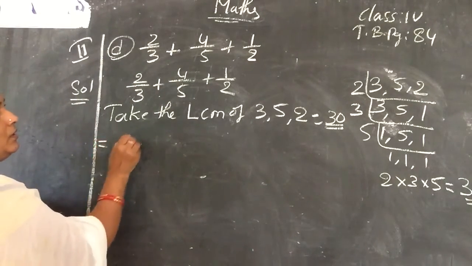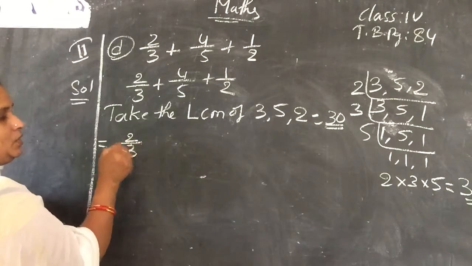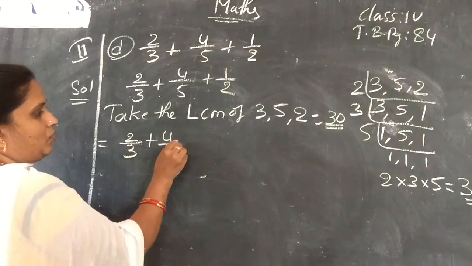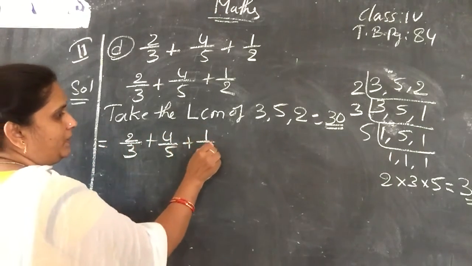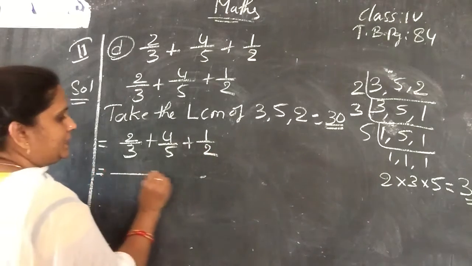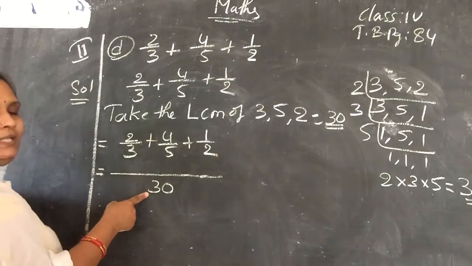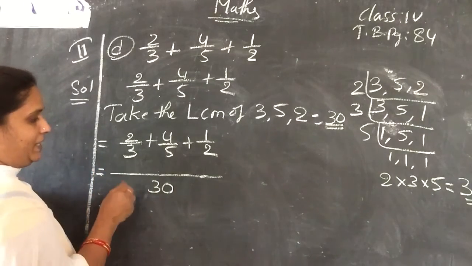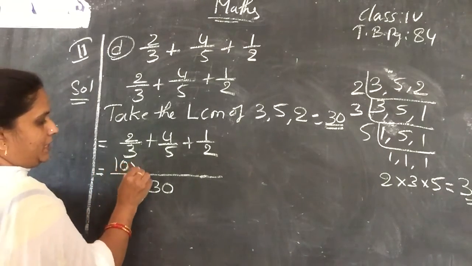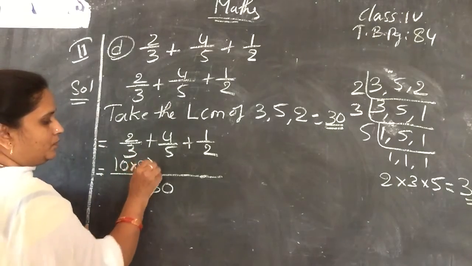Now, all three numbers together, 2 by 3 plus 4 by 5 plus 1 by 2. What is the LCM? 30 is the LCM. Now, in the 3 table, how many times will 30 divide? 10 times. 10 into the numerator 2.